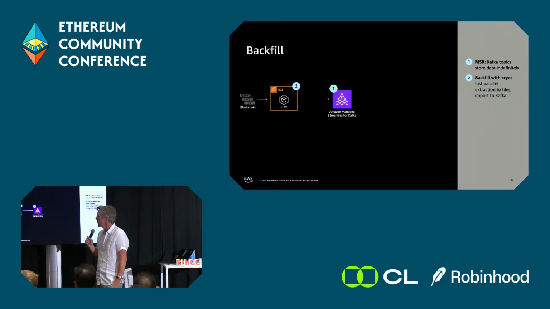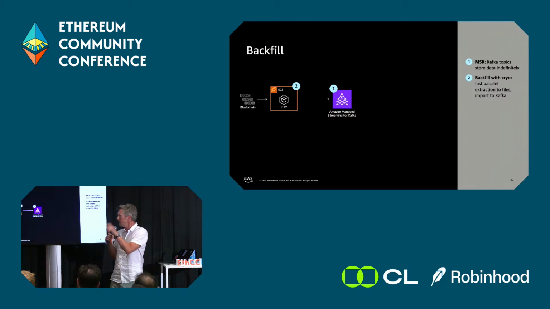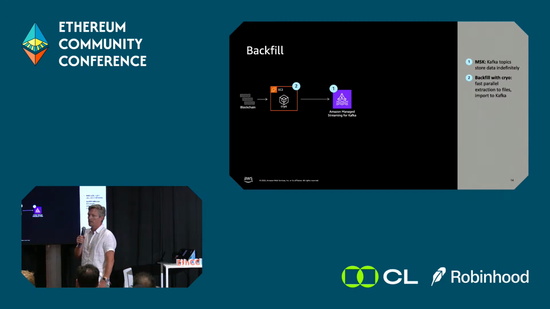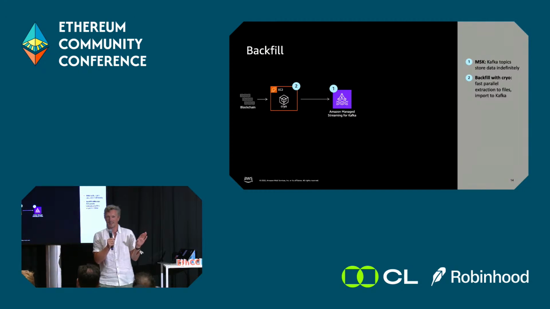First thing then, the backfill. We have a blockchain node. In this case, I'm using Cryo, which is an extraction utility that Paradigm made. It's a public GitHub repository. You can just download it, and it's really, really fast. It saturates a node when it tries to extract the data.